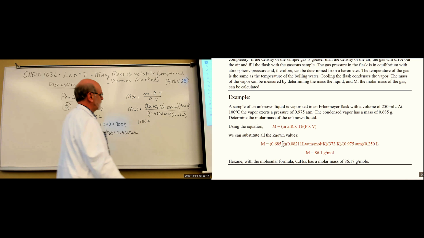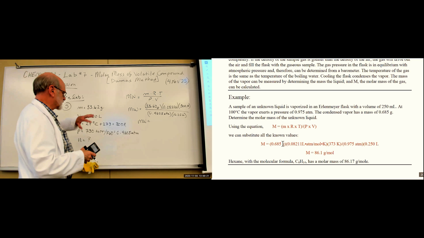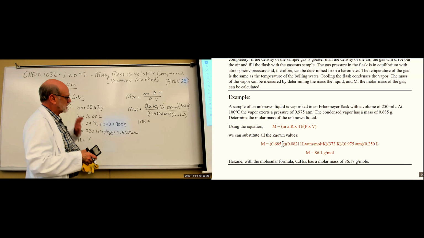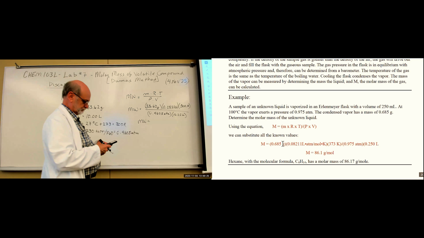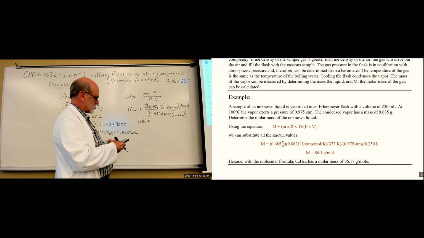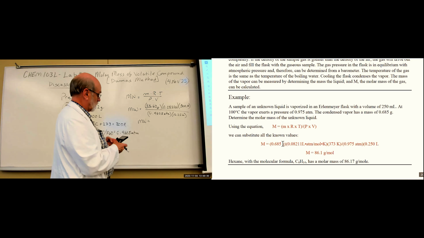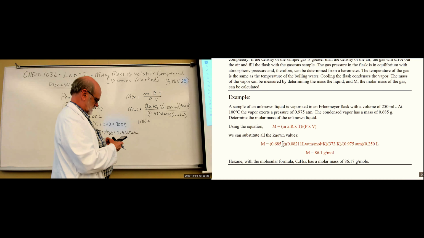That should give us a molar mass. Now, if we were doing it in 2 steps, we'd have to calculate this first and then go into the ideal gas equation to get the moles. Let's see. Why does it do that to me?